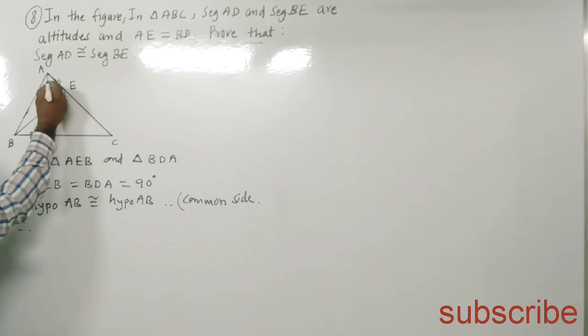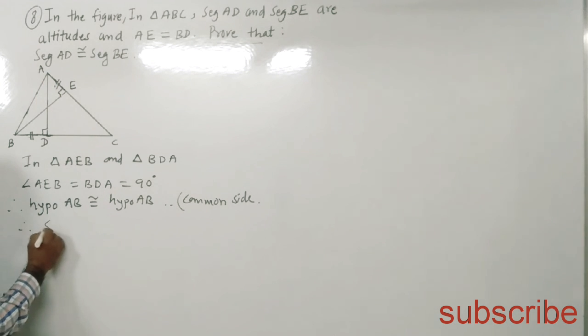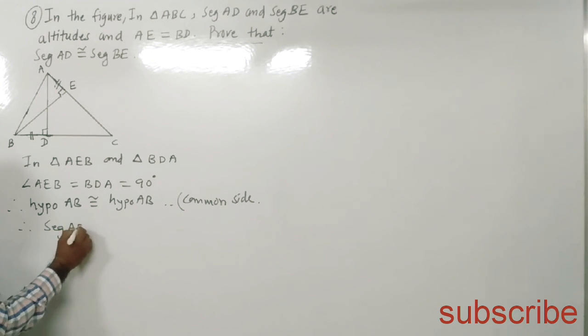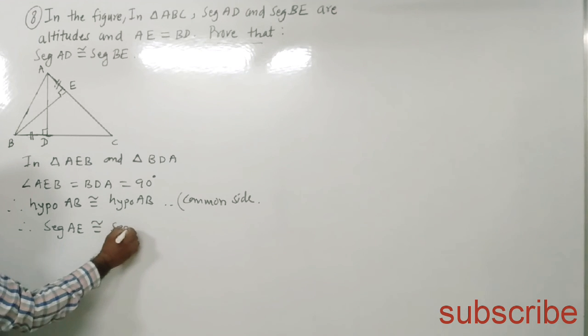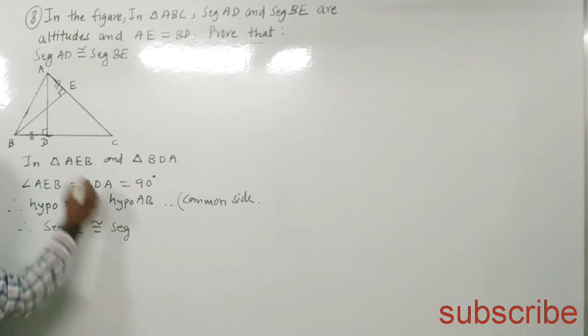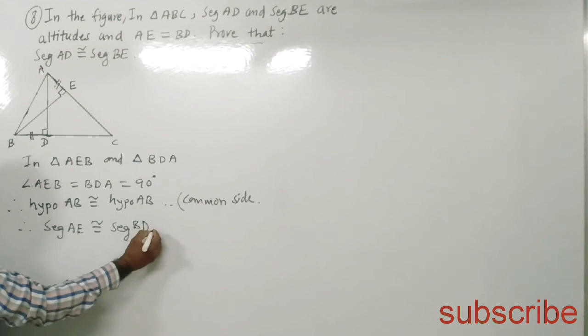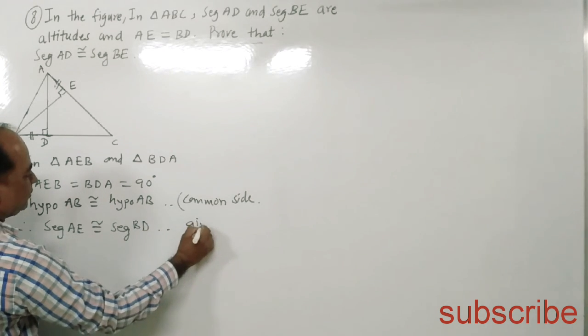Also, segment AE is congruent to segment BD, that is given.